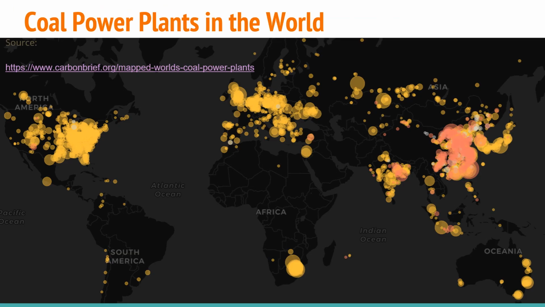Now look into the coal plants. This is a map of all the coal plants in the world, and you see new ones popping out, the red ones, and those are the old coal plants. No new coal plants are built in the old industrialized world of Europe and the United States, but in Asia and in India we see new coal power plants popping up.